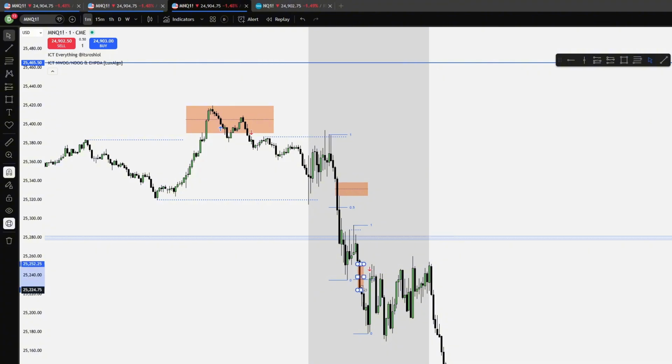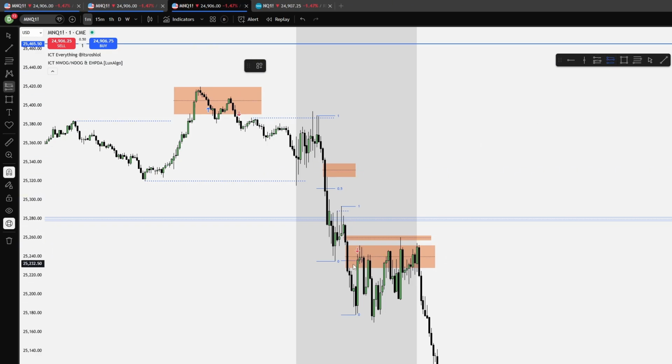Fair value gap at 50%. I'll delineate that fair value gap too. Short at 10:01, and then my stop was right here.